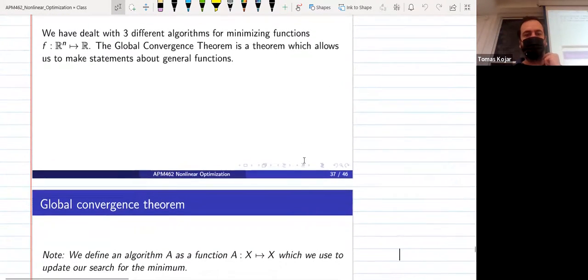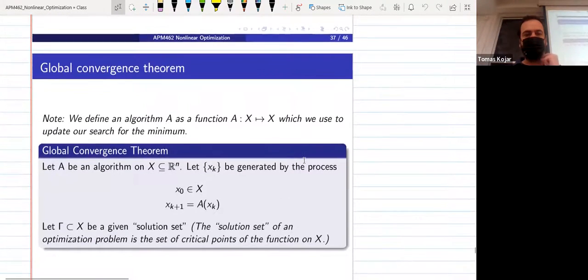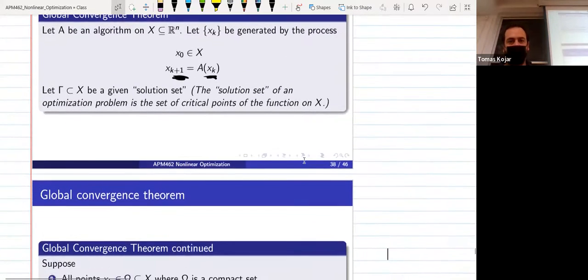So now let's prove convergence for this stuff, because I will do one more algorithm next week. An algorithm is simply you take the previous step and map it to the next. This is very general stuff. That's what they mean by algorithm in computer science. So you apply this function.